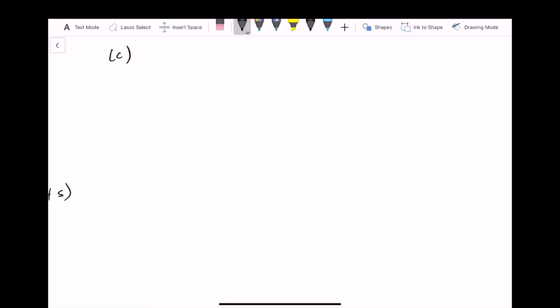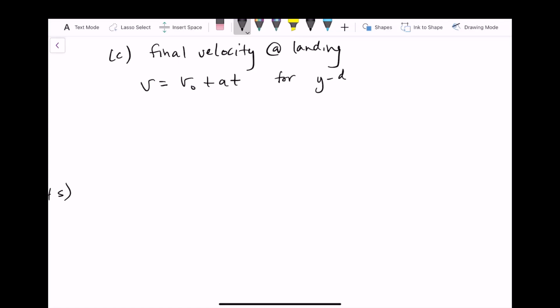Okay, last problem now. We need to solve for the final velocity at landing. For this one, we are going to start with v is equal to v naught plus at, and this is for the y direction. So it's helpful to write it out as v y is equal to v y naught plus a y t. So v y is equal to v naught y, which is 161 meters per second.